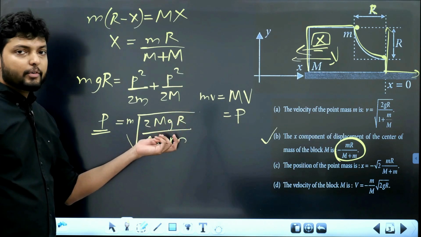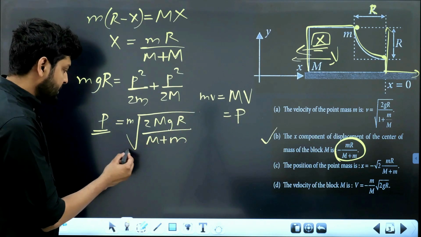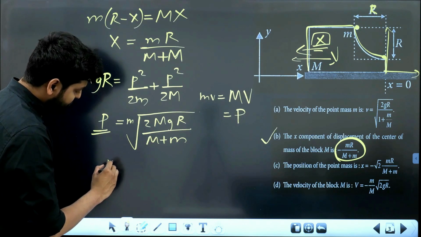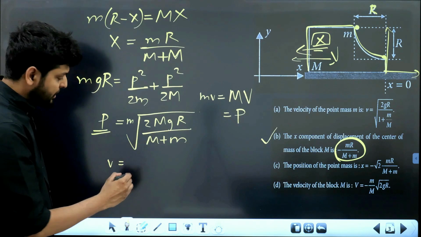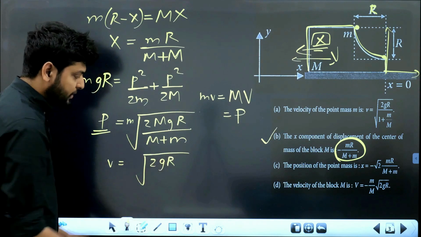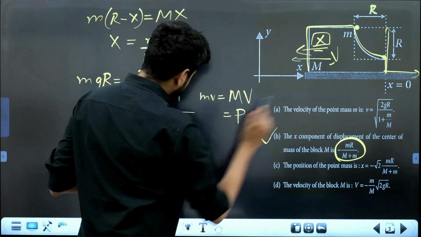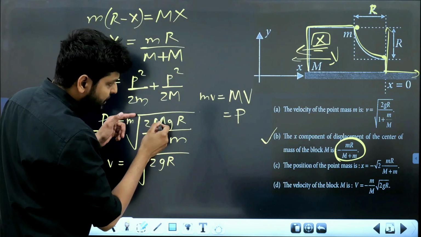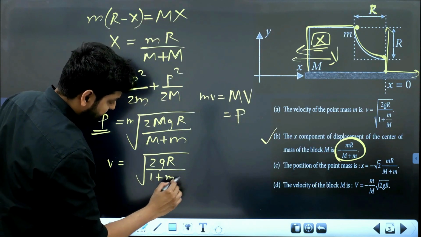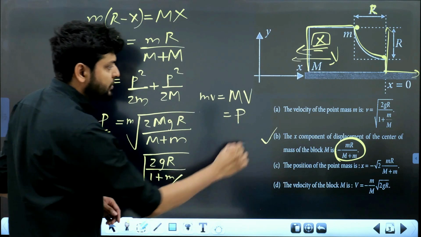Now from this, if I divide by small m, I will get small v, that will be root of 2gr. Now if we see the options, they have brought this m to the denominator, right? So this will be 1 plus m by M. So this option is also correct.